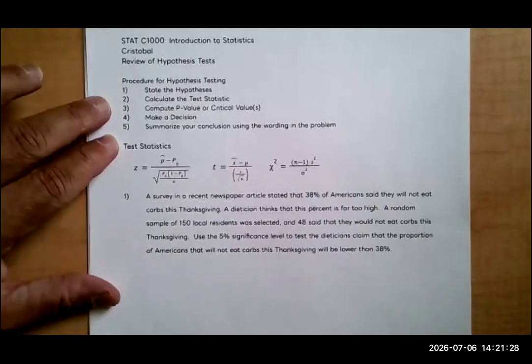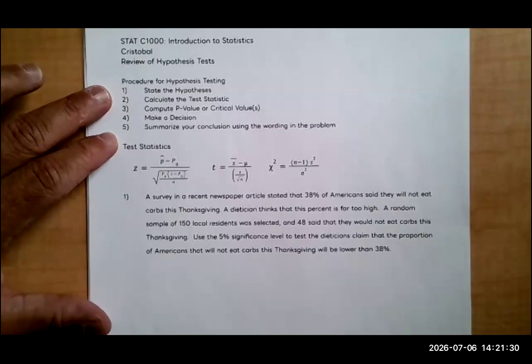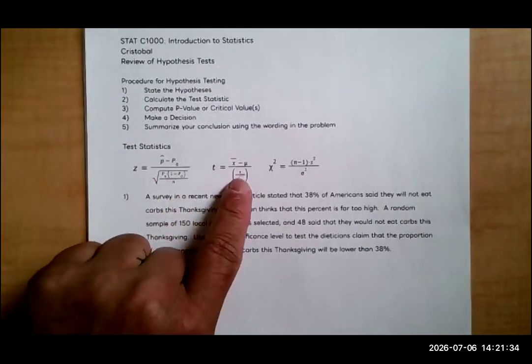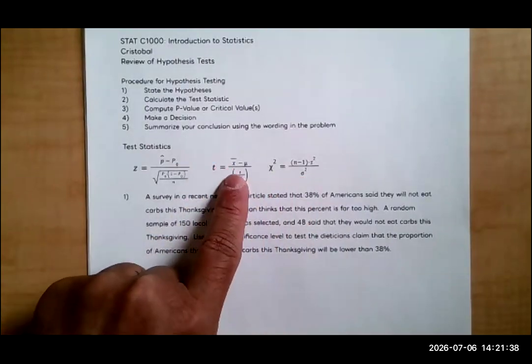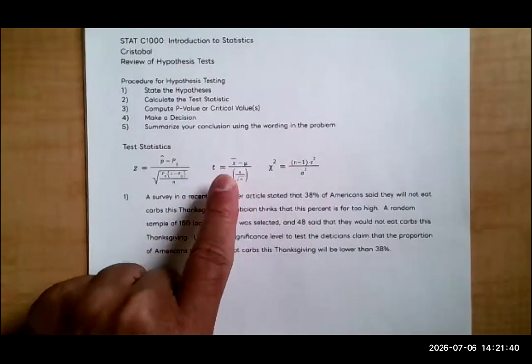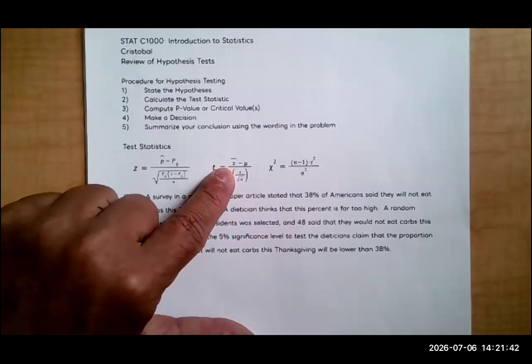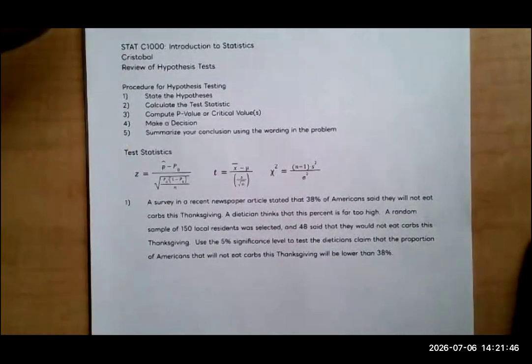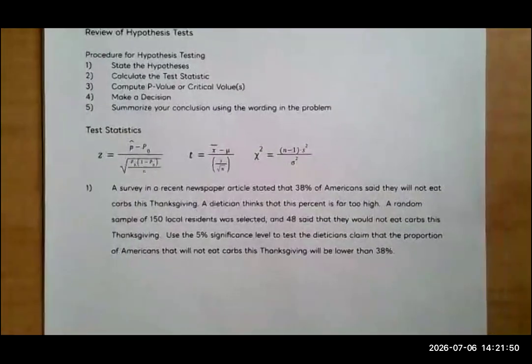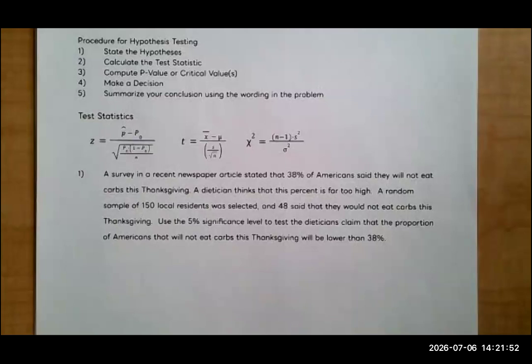There's our 5 steps, those procedures, okay? The different test statistics that we can use to calculate. Again, we can also do one for the mean, mu, with the z distribution if we happen to know the population standard deviation, sigma. But as you can see, most commonly we have our sample data. Let me try to zoom in here. I know it's a little bit small for review.